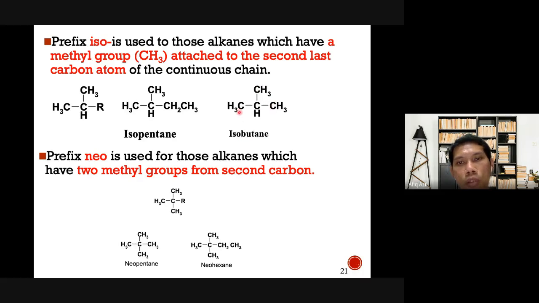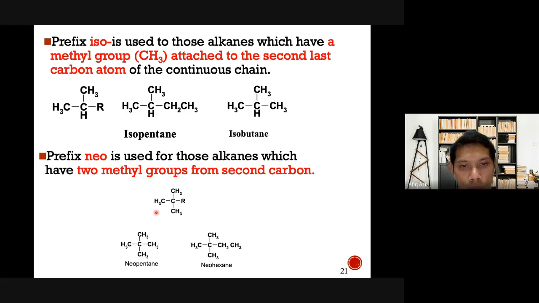But all of these follow the common name. If you want to give the IUPAC name, you cannot write isobutane, because the longest straight chain will be 3 carbons, so that should be propane, and this will be considered a substituent, and you have to use the methyl from just now. Later we will see.